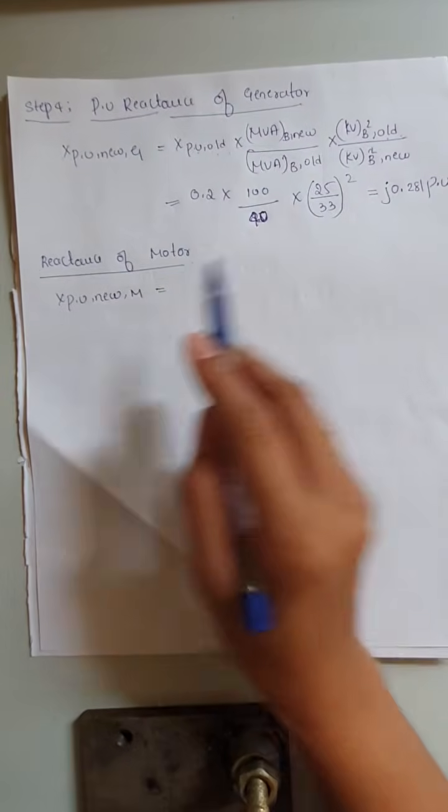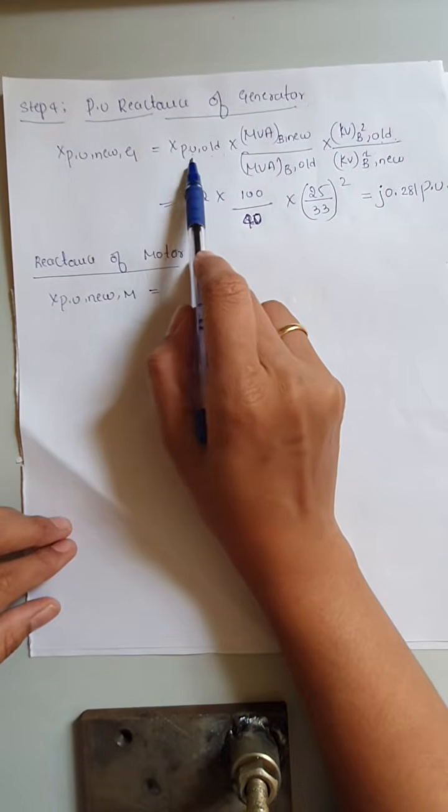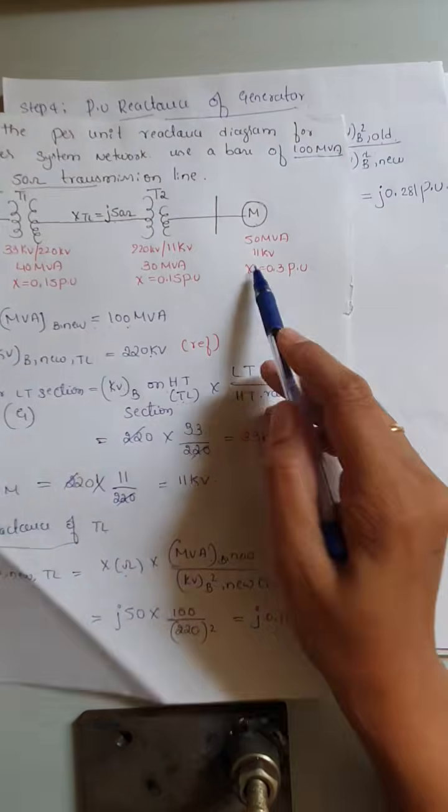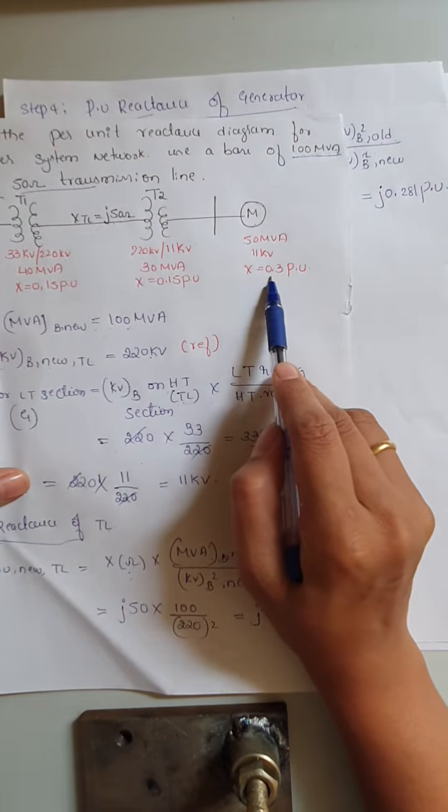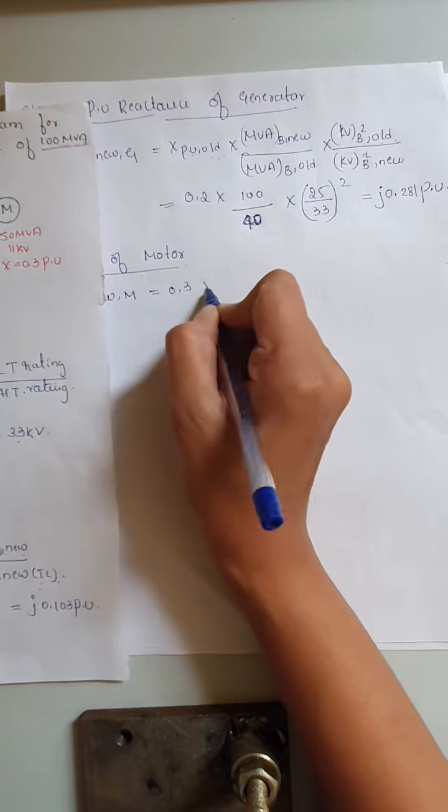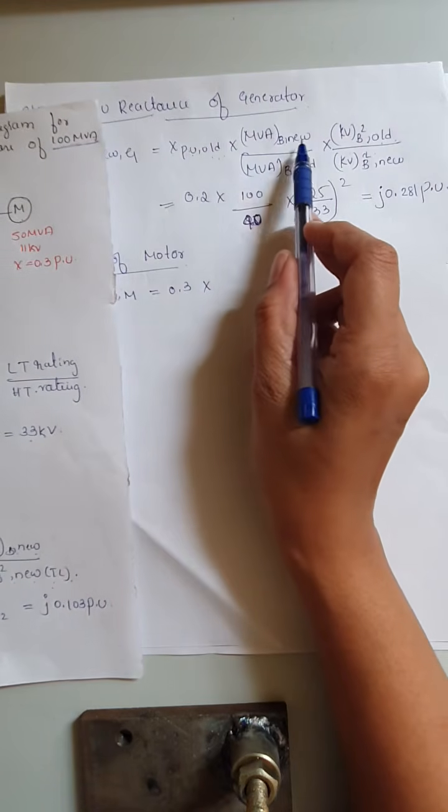Next, similarly we will do it for the motor using the same formula. X per unit new for the motor, use the same formula. X per unit old, look at the given data. The reactance given for the motor is 0.3 per unit. So this is 0.3 multiplied by MVA base new.